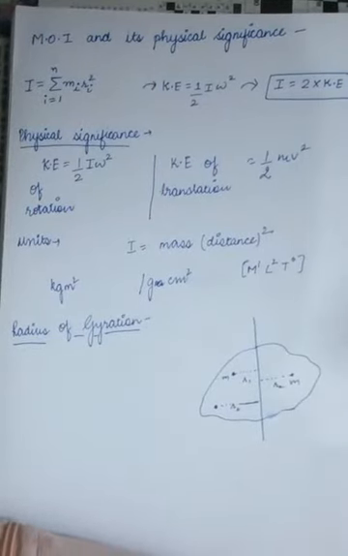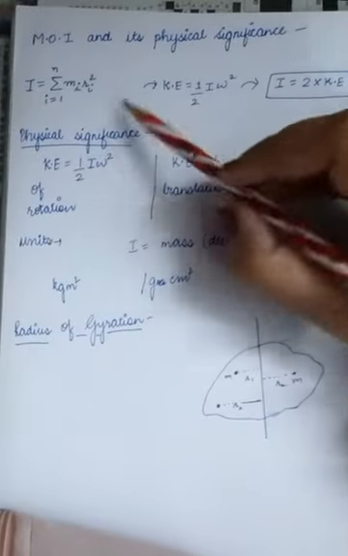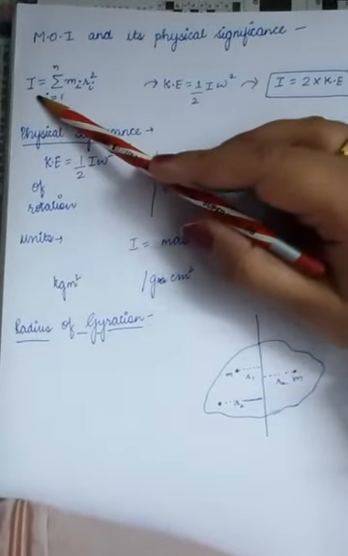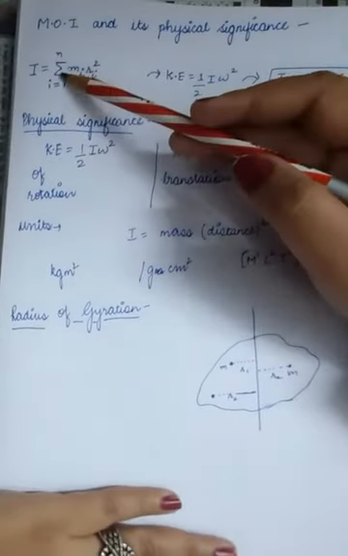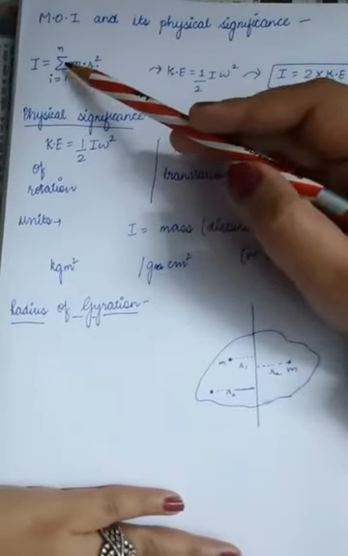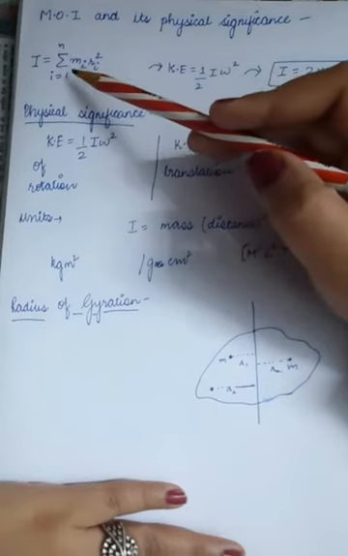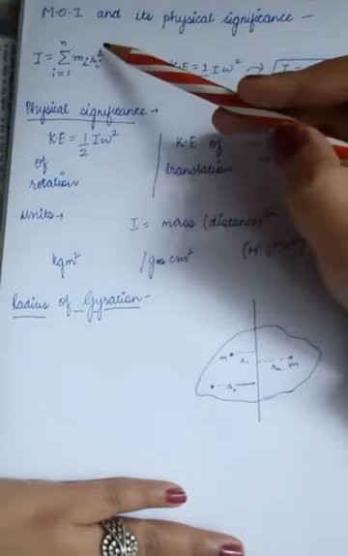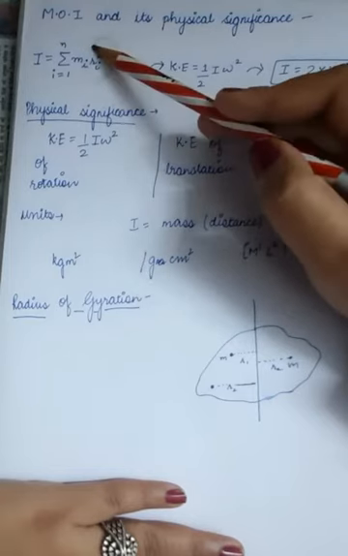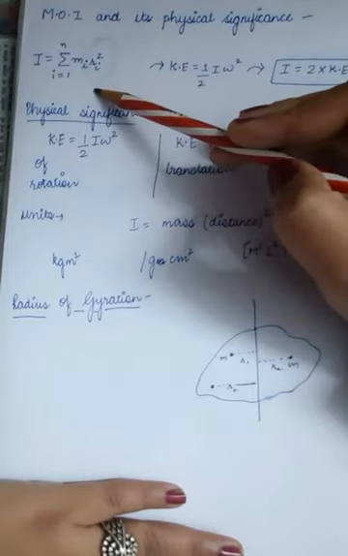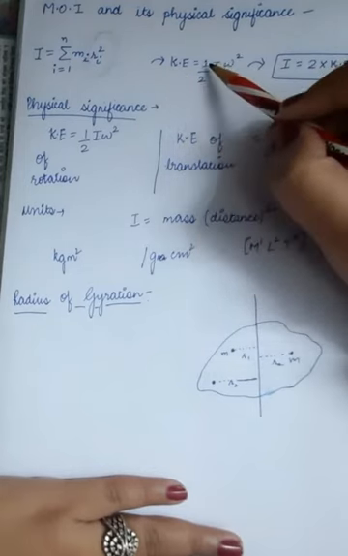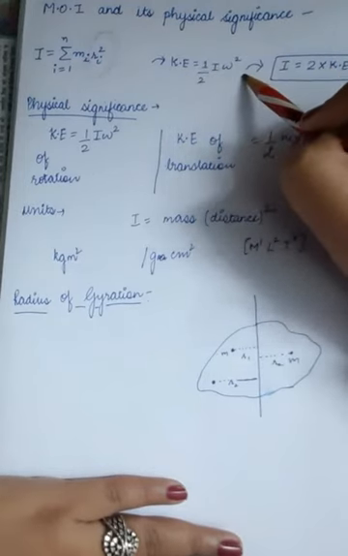Now we will discuss the physical significance of moment of inertia. We know that moment of inertia is given by summation of mi ri square, which means that it is simply equal to mass of a particle multiplied by the square of its distance from the axis, right? And if you see, kinetic energy came out to be half into I into omega square.